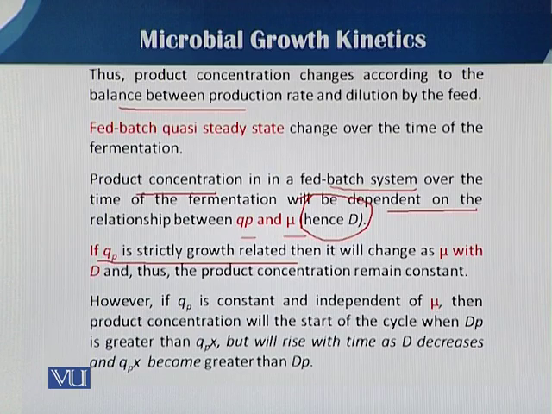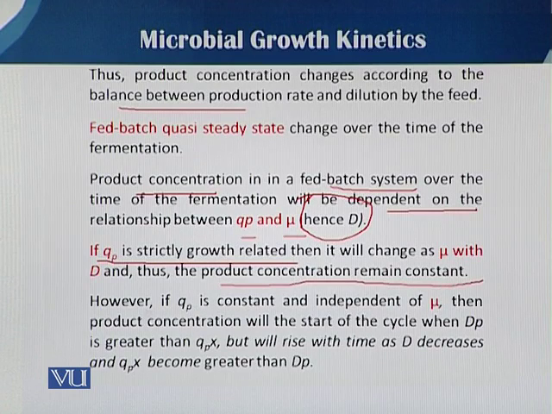So the product concentration in such a continuous fashion, when mu is equal to D, has a constant increase in the product, as we say, when our product is directly associated with the biomass. In the previous module we saw that when there is a variable volume and mu is equal to D, then there is a constant concentration of the biomass. So we can say the same way the product concentration also remains the same.